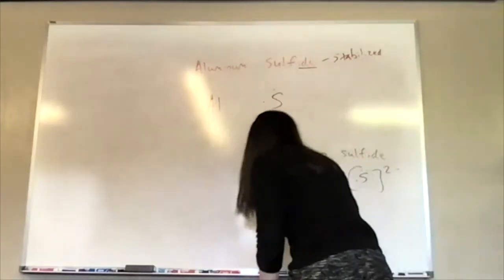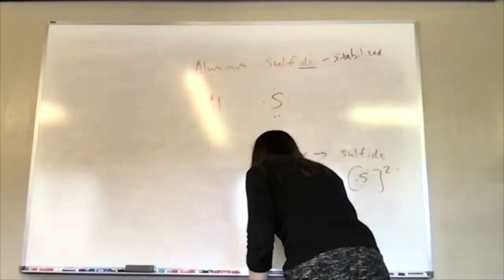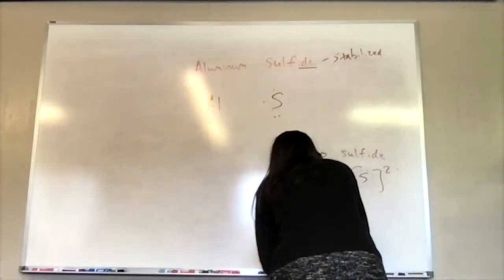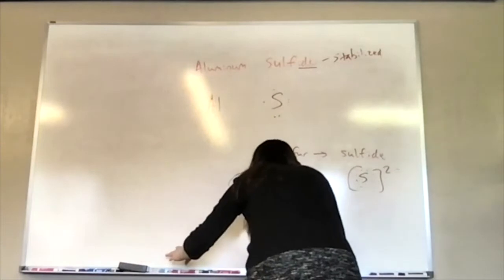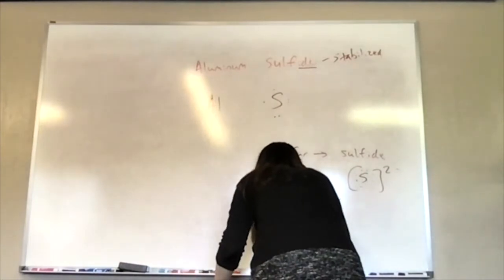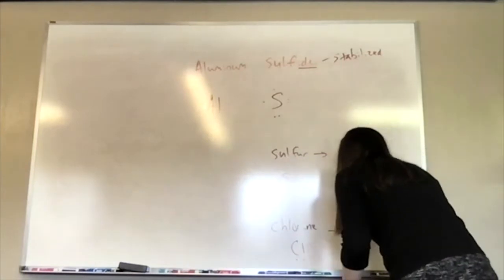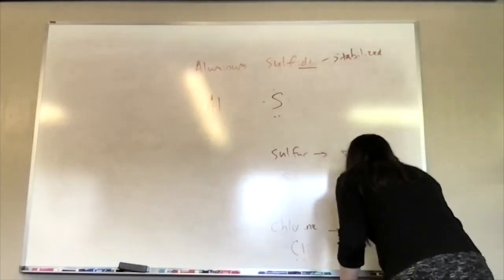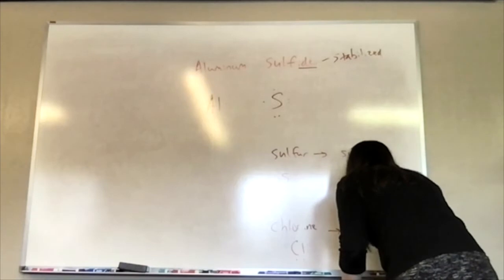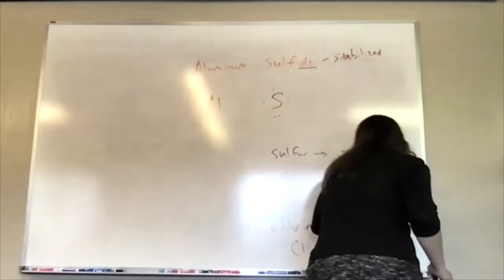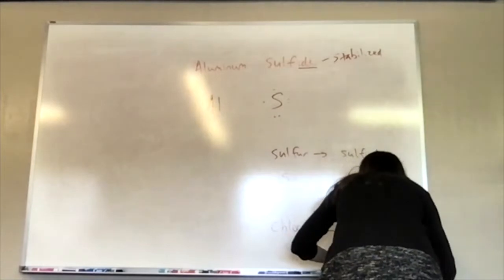Yeah, so that applies for any of them. If you have chlorine, that would be the unstable form where you have 7 valence electrons, and then it would become stable when you added an electron to it. Chloride would be chlorine -1, where it would have 8 dots.